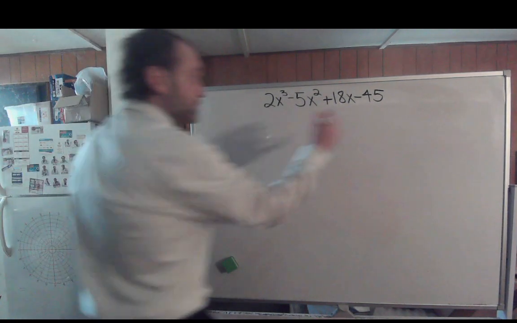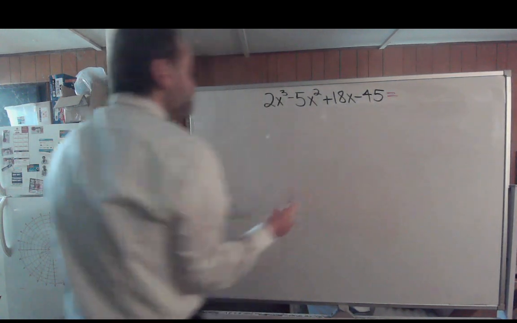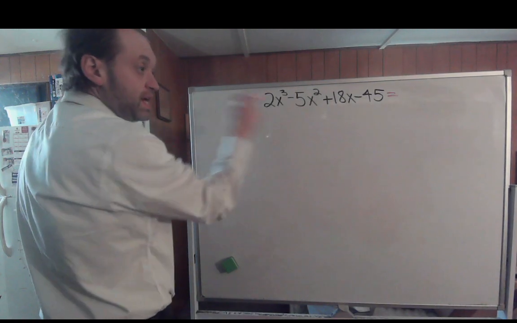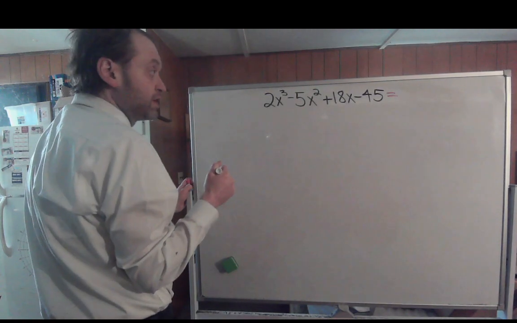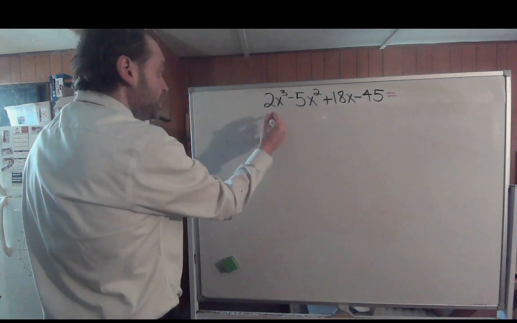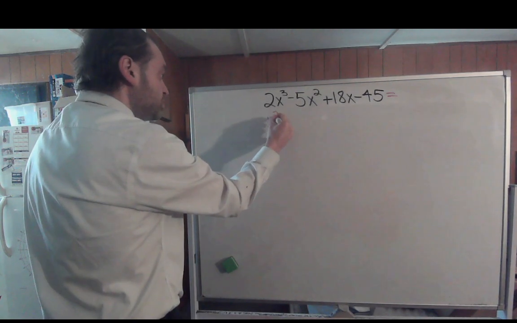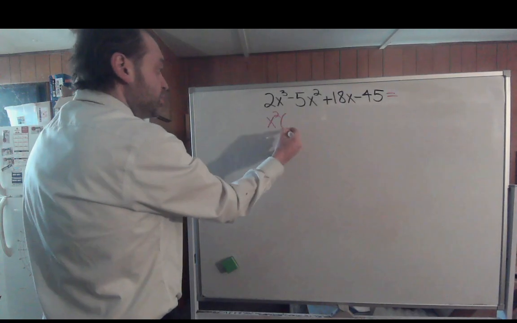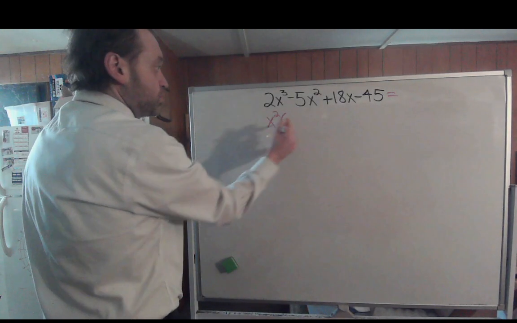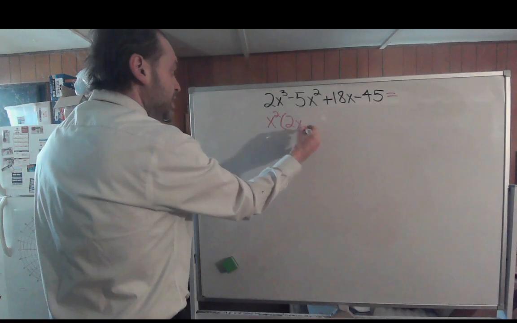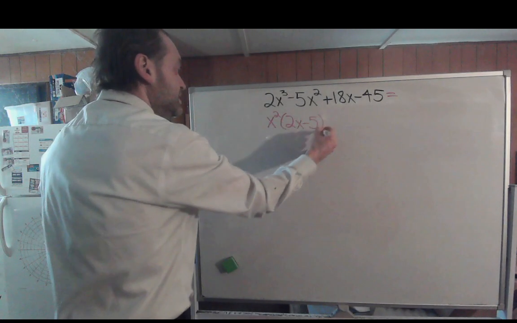Well, let's look at the first two terms here. Between 2x to the third and negative 5x squared, what do they have in common? They have an x squared. So you can factor out that x squared. Then you'll have that times the quantity of 2x minus 5. Easy enough, right?